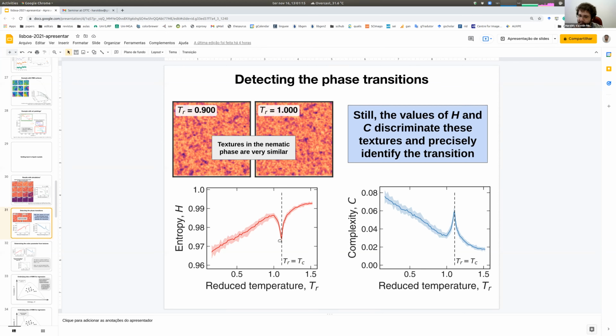At least I think we can say that these images very close to the critical transition are probably more similar, at least in the sense of the values of entropy and complexity. Okay. Thank you.